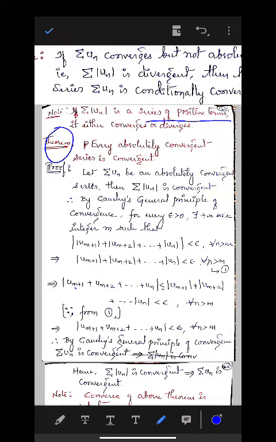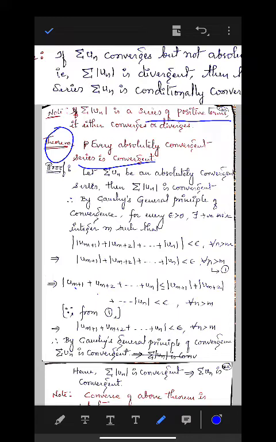Every absolutely convergent series is convergent. See, absolutely convergent means what? If summation modulus of un is convergent, that is the definition of absolute convergence. So what is this statement?